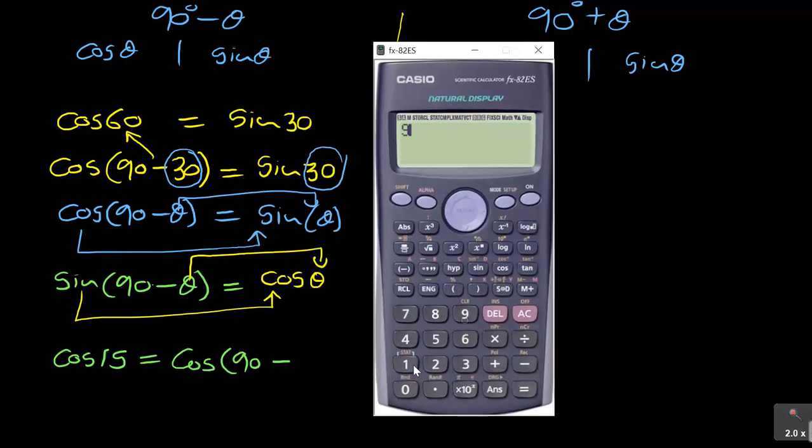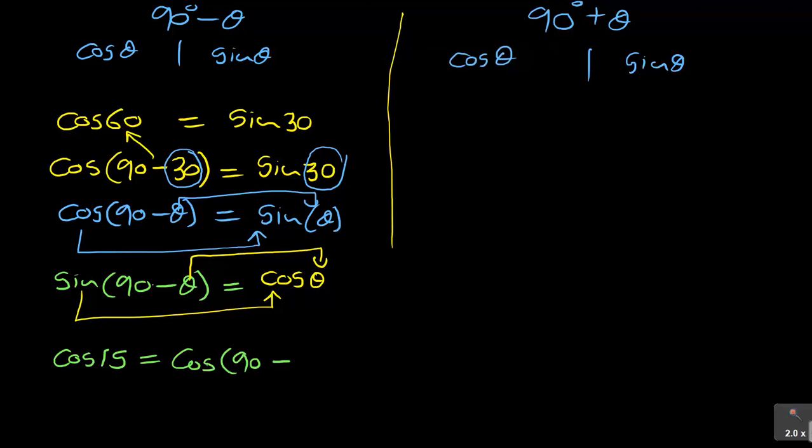So you just say 90 minus 15, it will give you 75. So it's cos 90 minus 75. Then you're going to change from cos into sine. Remember the cofunction, this is the same as sine of that particular angle, which is sine 75. So cos 15 is equal to sine 75. Remember, 15 and 75 will give you 90 degrees.